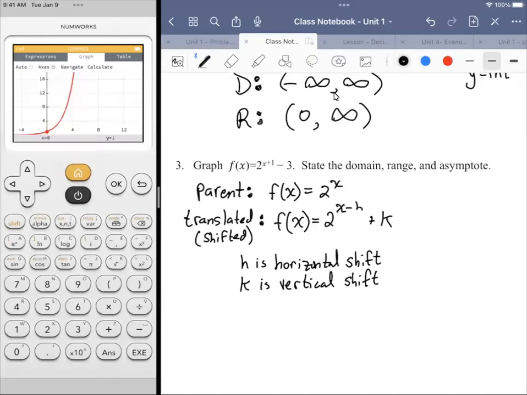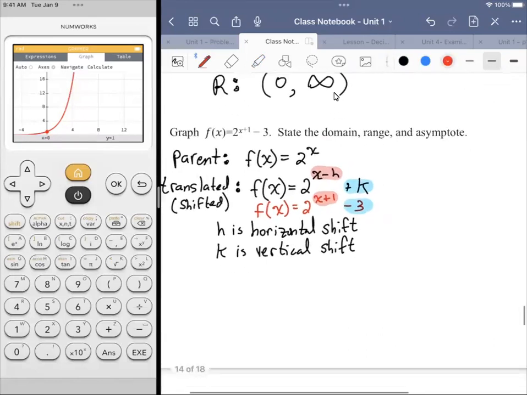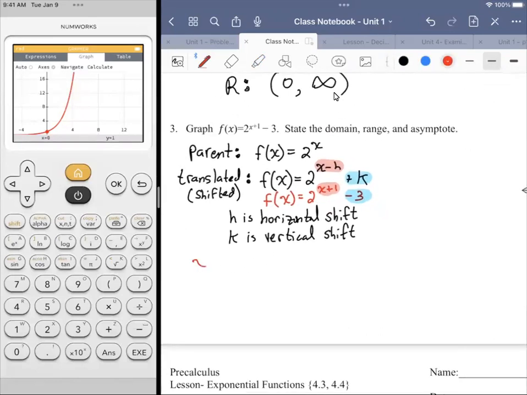So if I match up, the given f of x, 2 to the x plus 1 minus 3, I'm going to match up these two expressions to give me the h, and these two expressions to give me the k. All right. So I'm going to say x minus h is equal to x plus 1, and then k is equal to -3.